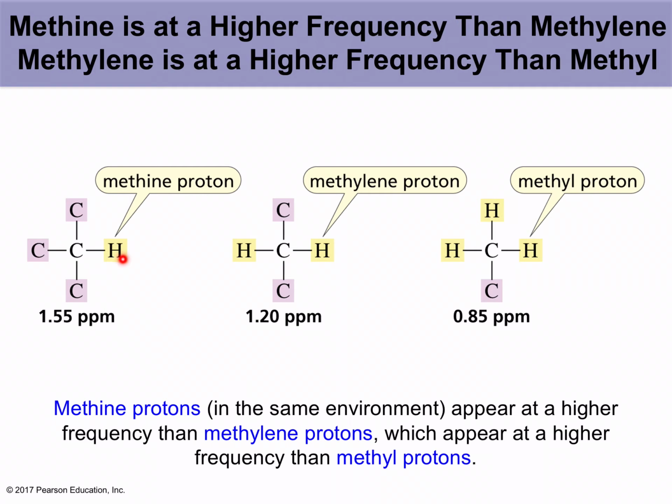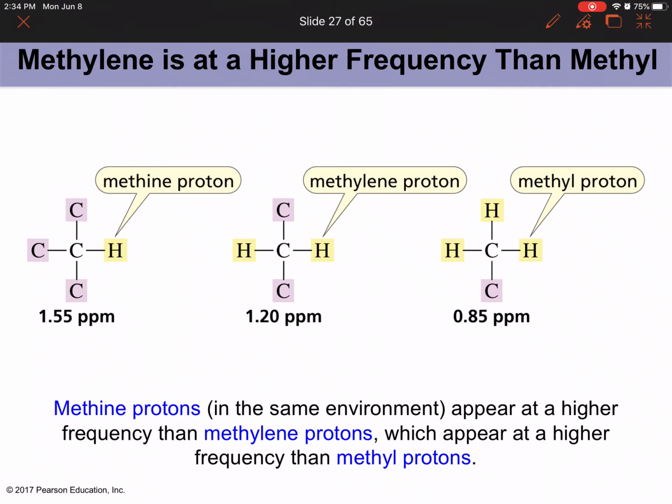That is because if you recall the electronegativities of carbon and hydrogen, carbon's electronegativity value is 2.5, whereas hydrogen is 2.1. So which one is more electronegative?